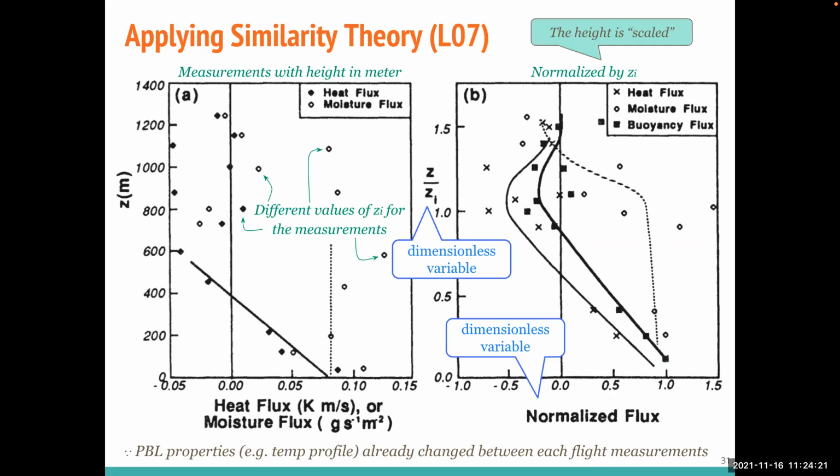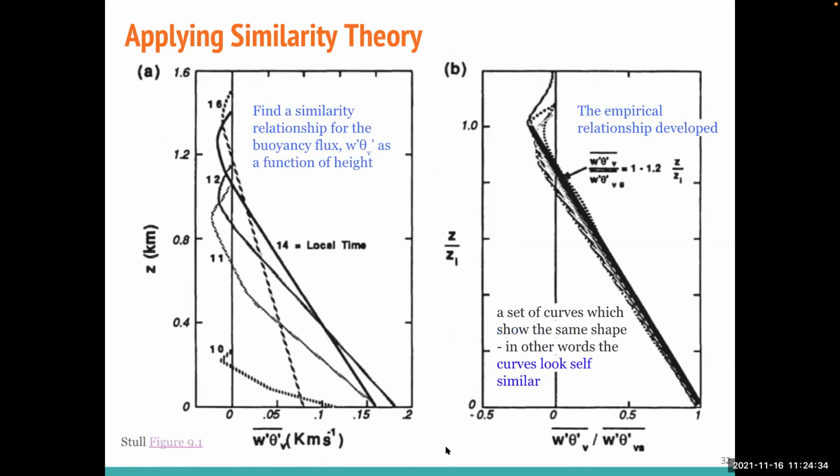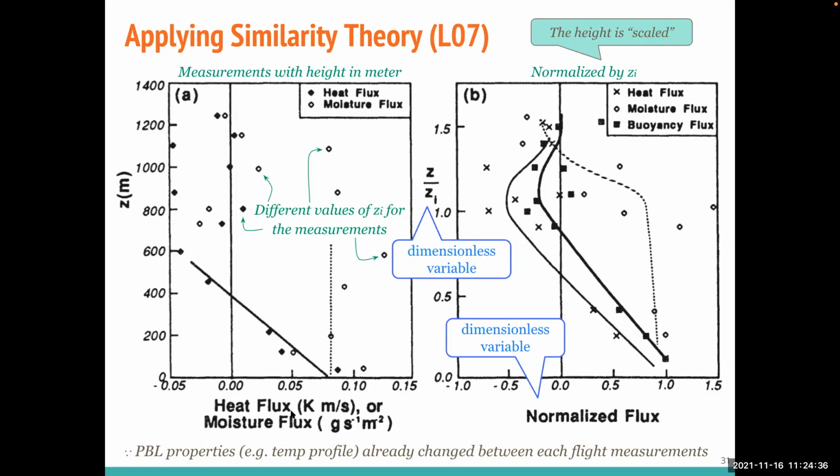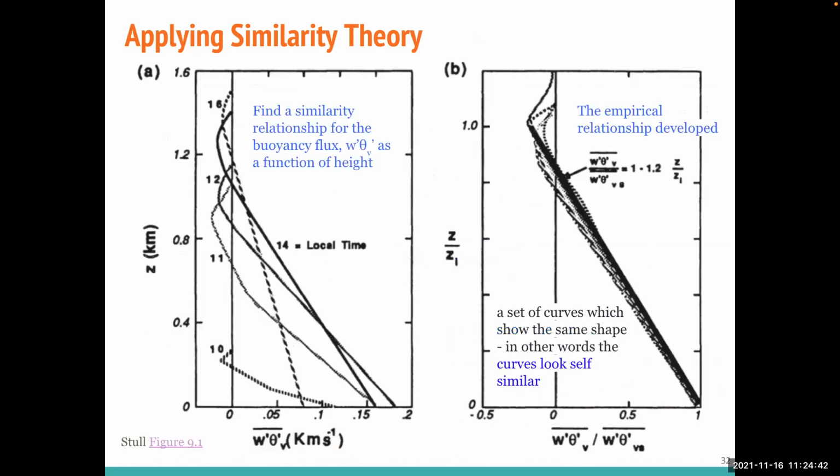We normalize things and then put them on a graph and then try to find the relationship, try to find a universal relationship, dimensionless variables here. Oh, the x, okay, it turns out that the flux is also dimensionless here, divided by something. Okay, I forgot to explain this. So here, we apply similarity theory.